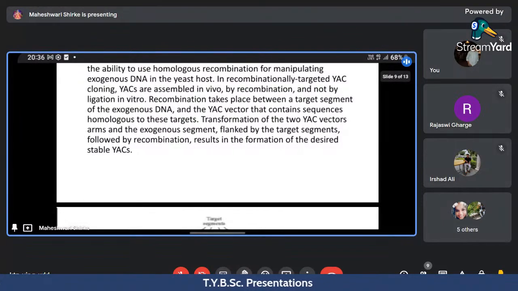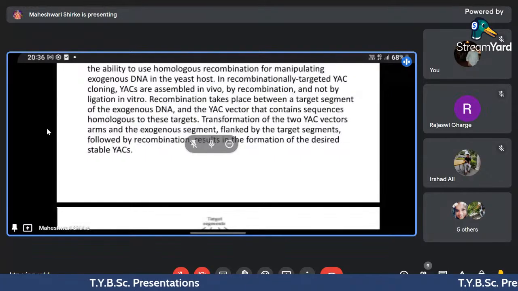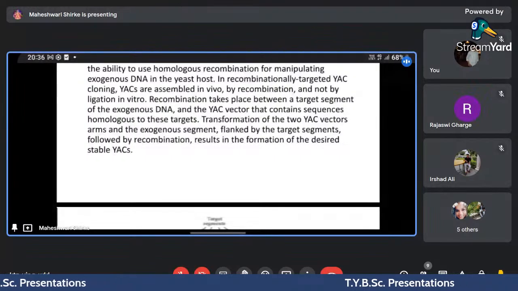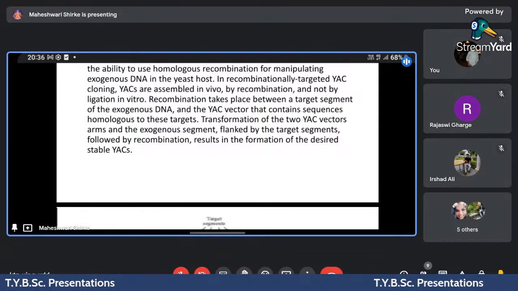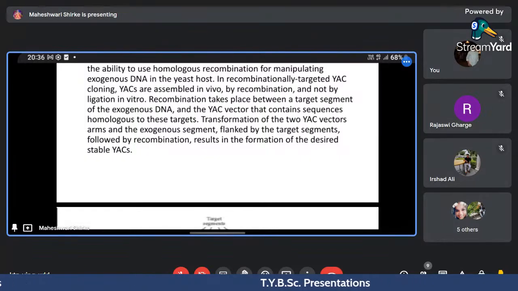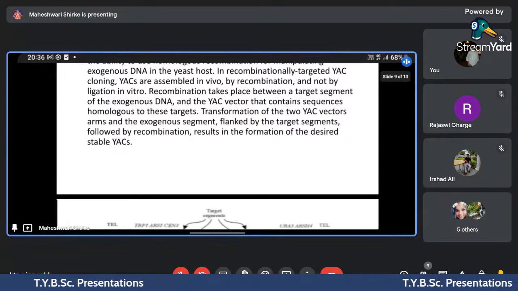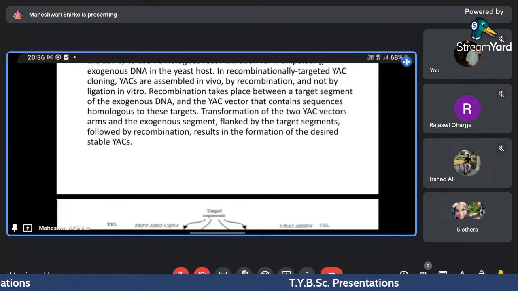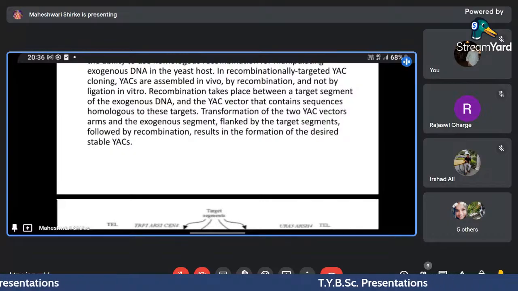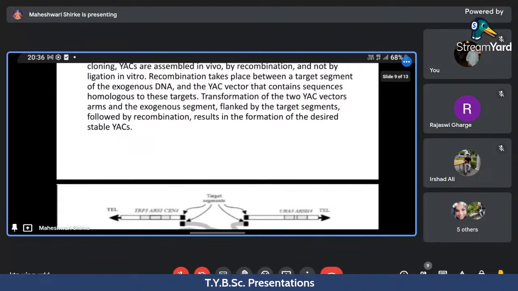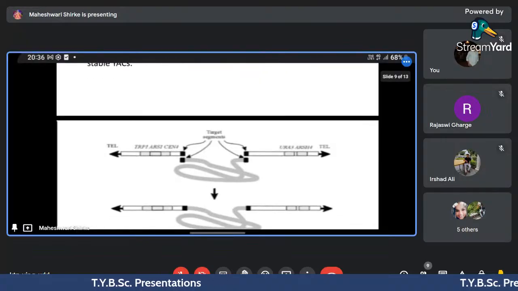Recombination takes place between a target segment of the exogenous DNA and the yeast artificial chromosome vector that contains sequence homologous to this target. Transformation of the two yeast artificial chromosome vector arms and the exogenous segments flanked by the target segments, followed by recombination, results in the formation of the desired stable yeast artificial chromosomes.